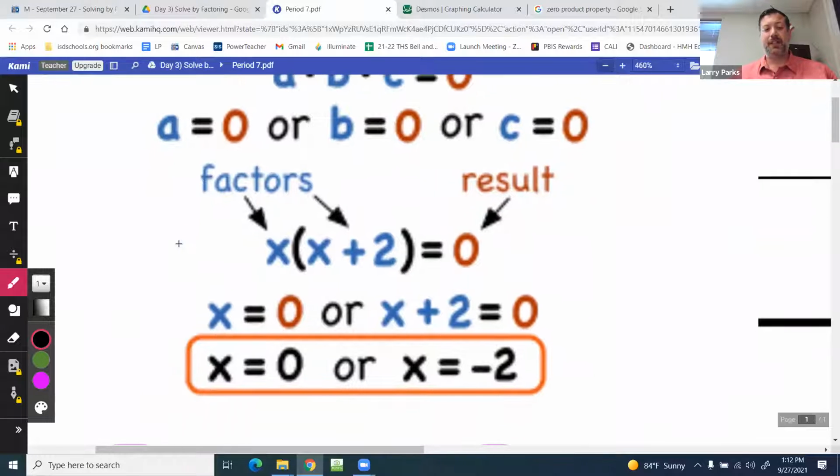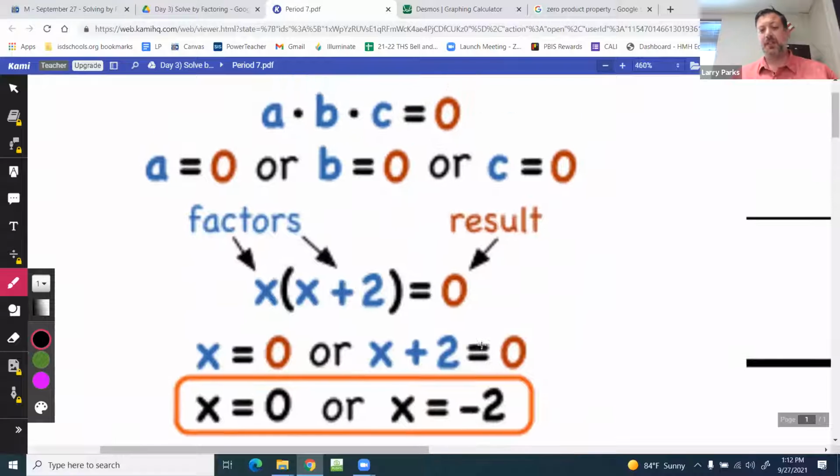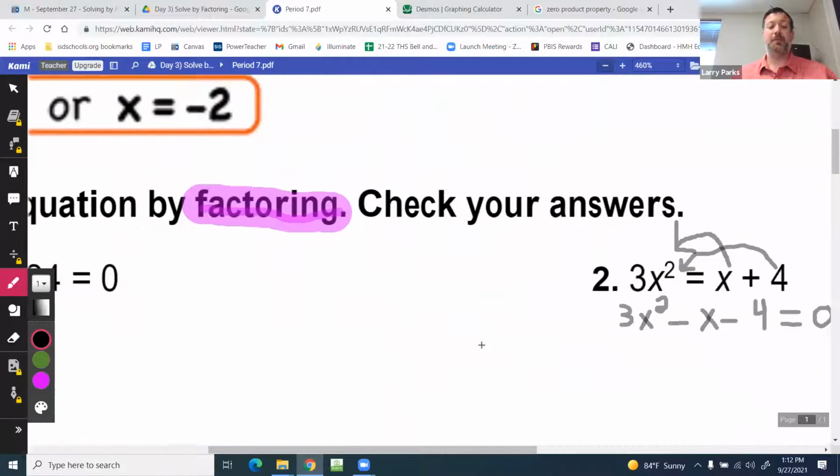So in other words, if I could take something and factor it, so I have x as a factor, and I have x plus 2 as a factor, and notice that those are being multiplied, that means that either x is 0 or x plus 2 is 0. So then I could find the x-intercepts. The x-intercepts are 0 and then negative 2. So that's why 0 is so important.